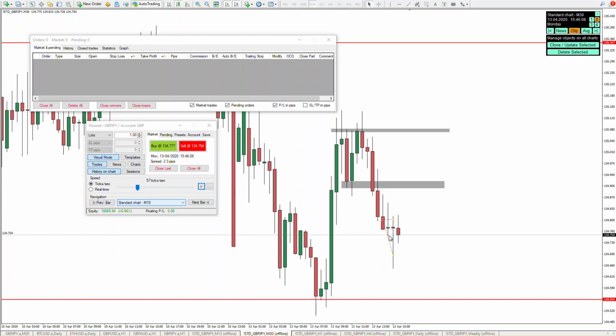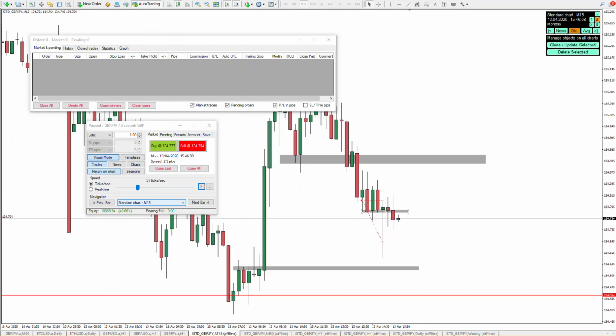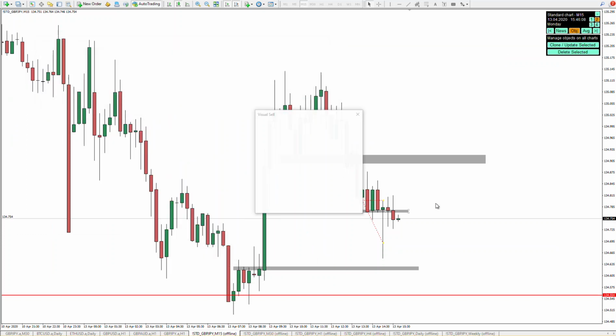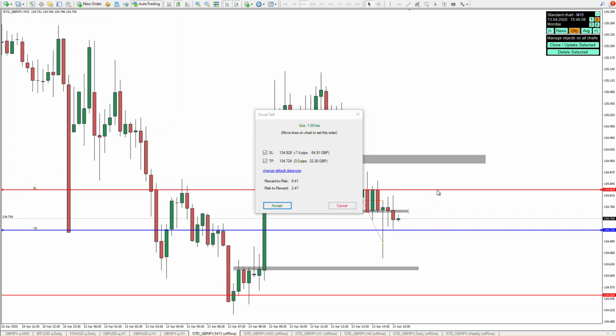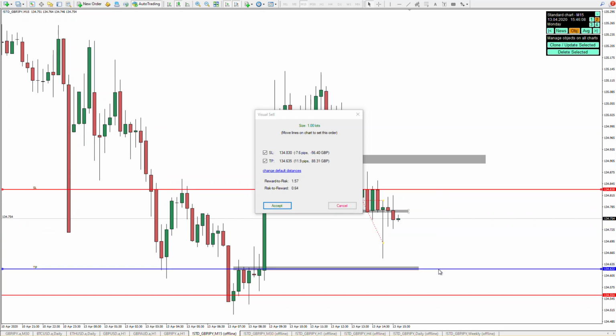We're below here. Yeah, let me take the trade. 1% risk. Like 83 for this TP, or even this TP.